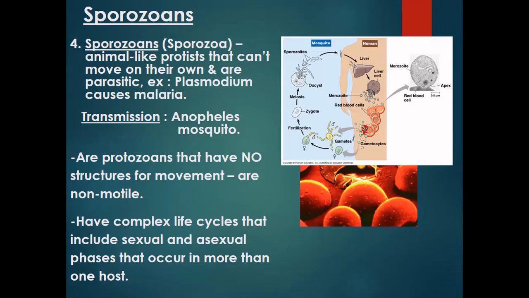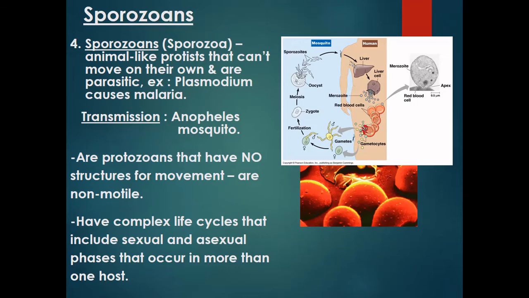So, in short, sporozoans require two hosts. The first host is the vector, and the definitive host, where the final stage of development of the sporozoans occurs, is the vertebrates. So not only humans can be infected, but also other vertebrates.